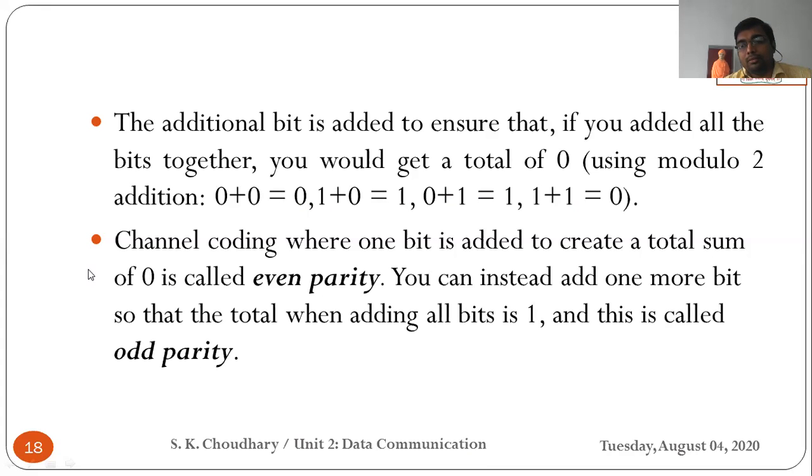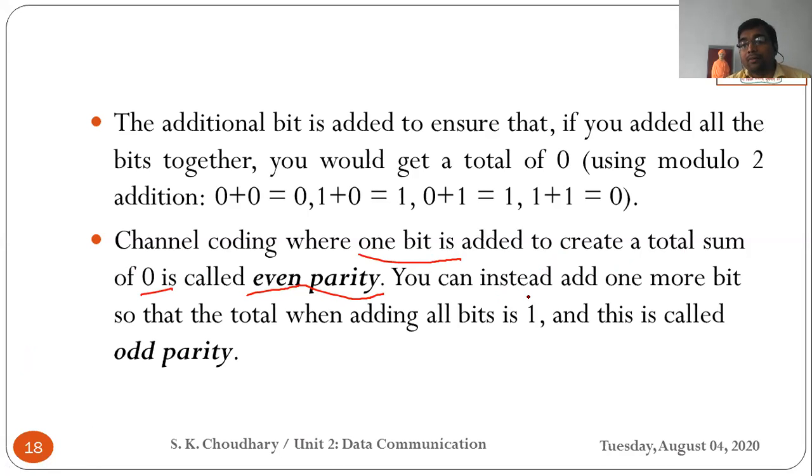In channel coding, when one bit is added to create a total sum of 0, it is called even parity. The other kind of parity is odd parity. What is odd parity?